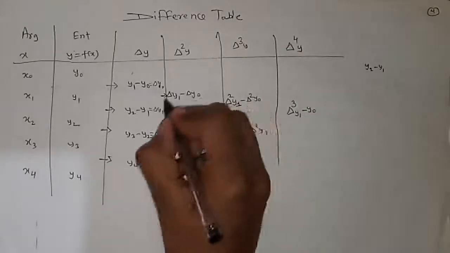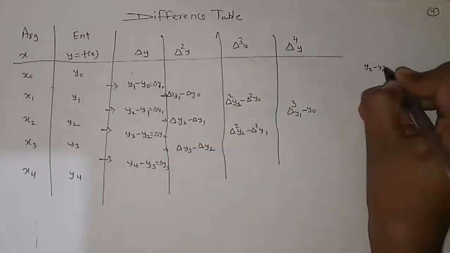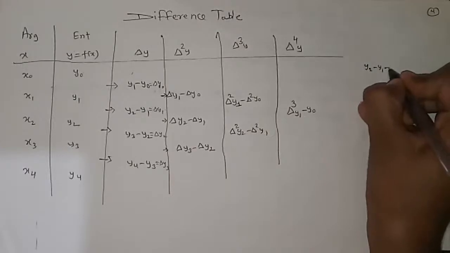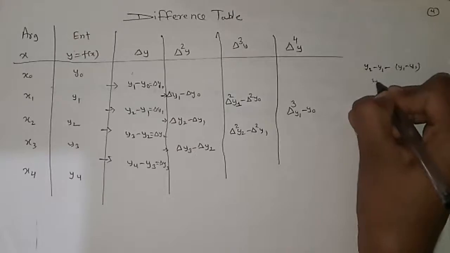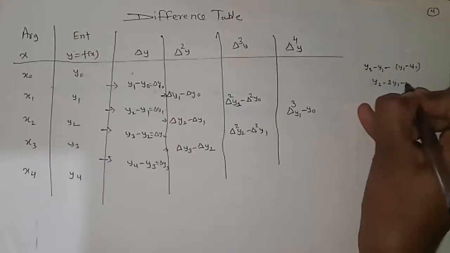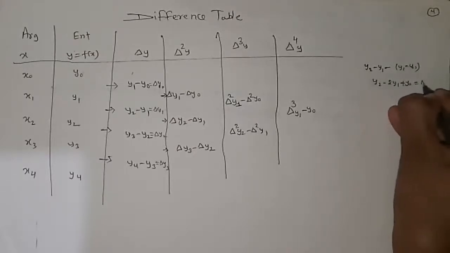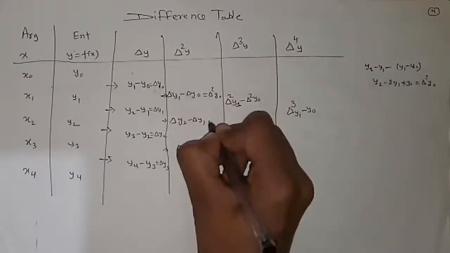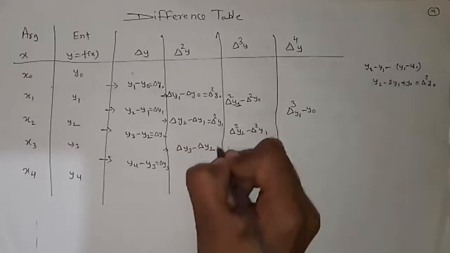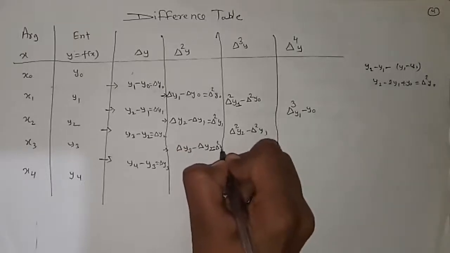So what is this value? See, y2 minus y1 is my delta y1, minus y1 minus y naught, gives y2 minus 2 times y1 plus y naught, which is nothing but my delta square y naught. So this is my delta square y naught, this is my delta square y1, this is my delta square y2.